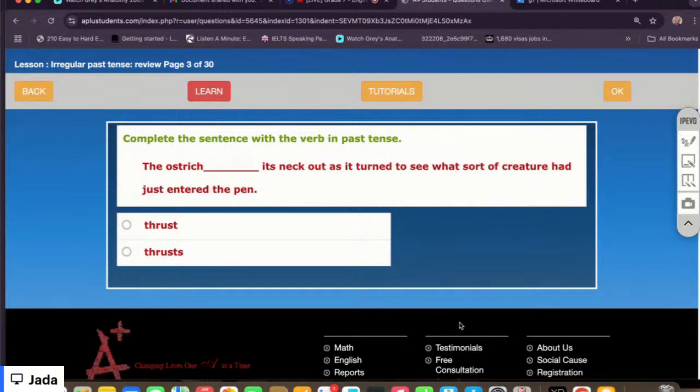You just have to make sure you read it carefully and select the right answer. If you know the answer, you can just send it so that we can have an interactive lesson.